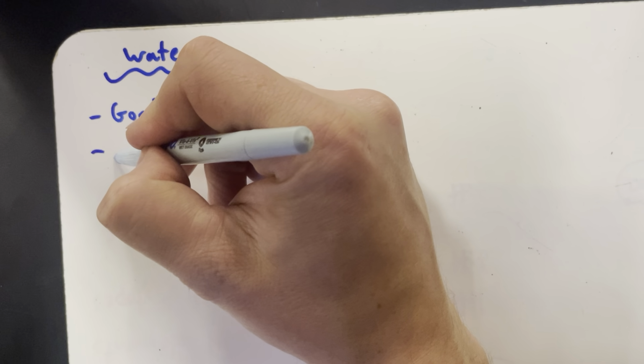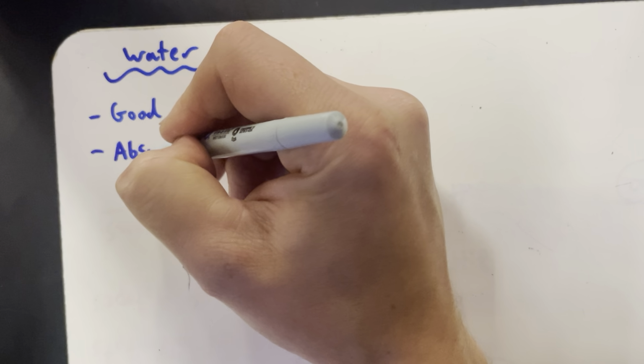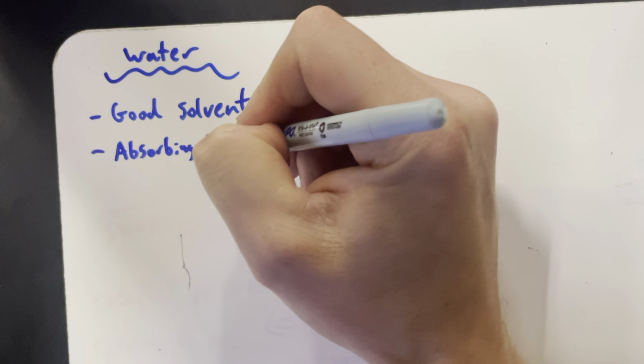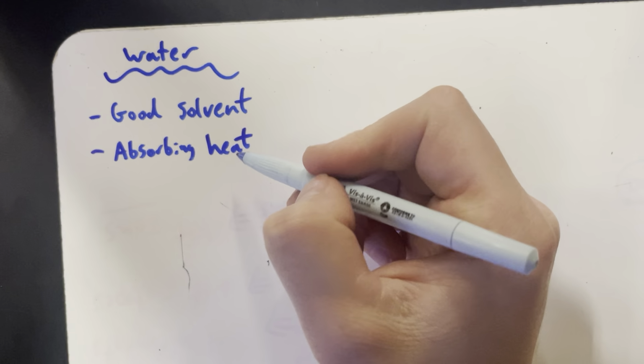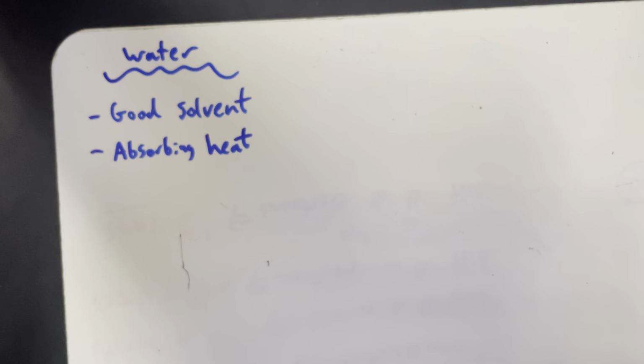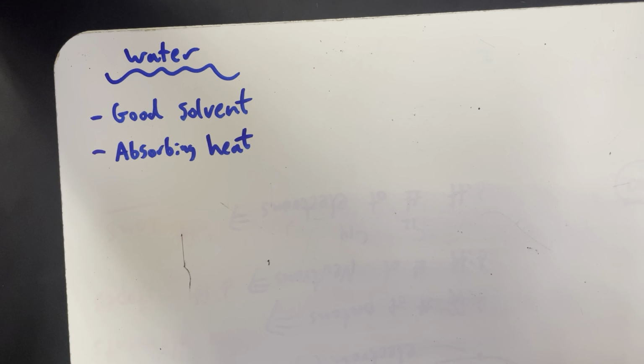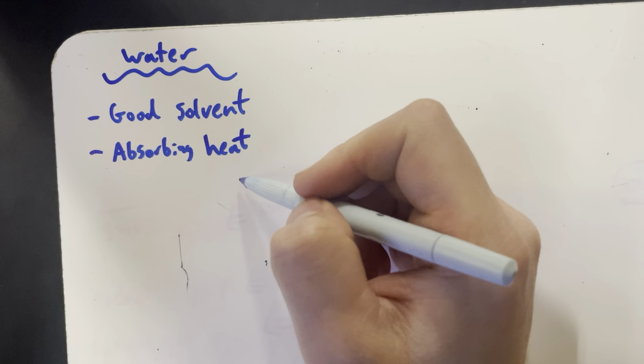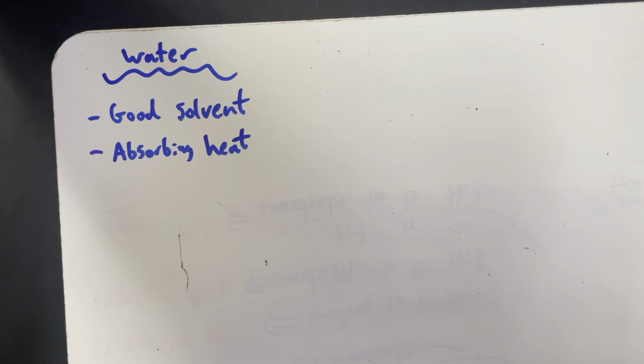Water is also really good at absorbing heat. Because of all those hydrogen bonds between the hydrogen of one water molecule and the oxygen of another, it takes tons and tons of energy before the bonds are broken, before it can evaporate, right?